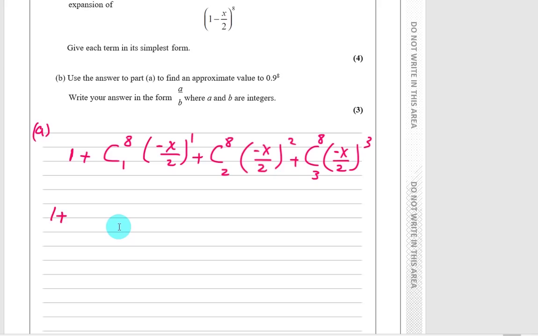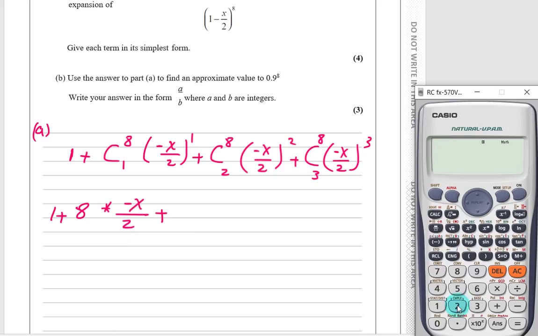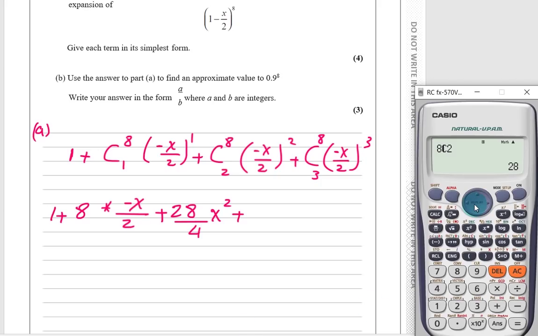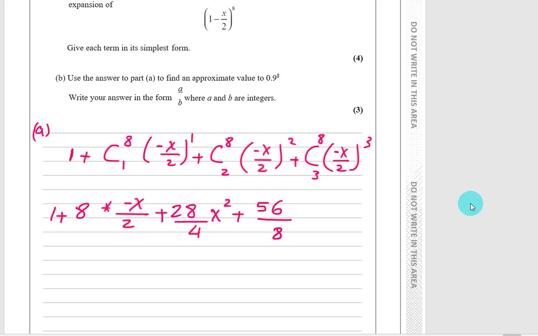So it will be 1 plus C8 1 equal to 8 multiplied by minus x divided by 2, plus C8 2, which is 28, divided by 4 x squared, plus C8 3, which is 56, divided by 8 times minus x cubed.